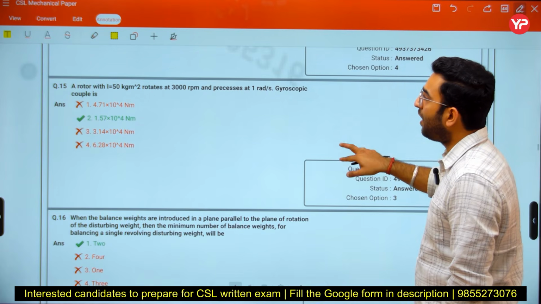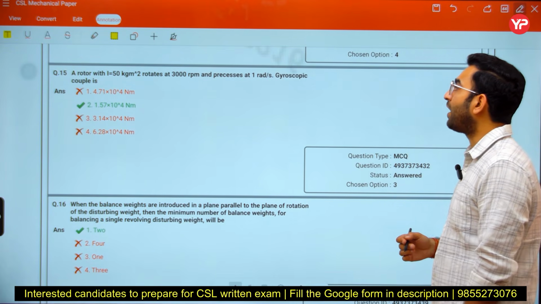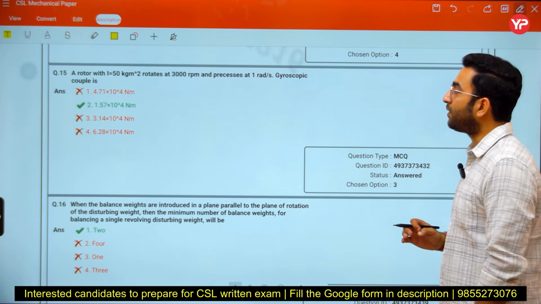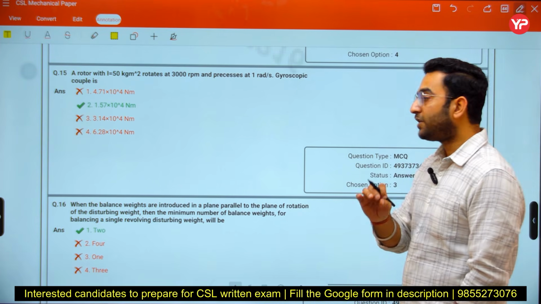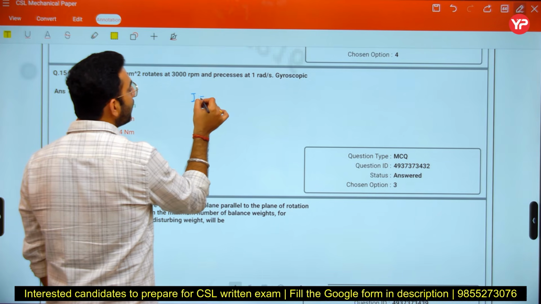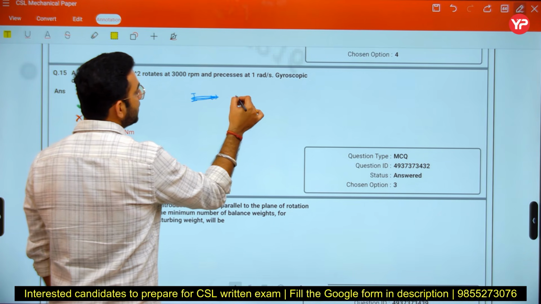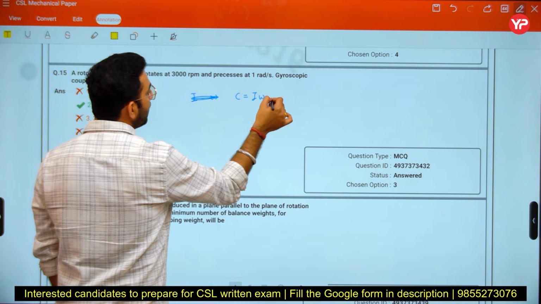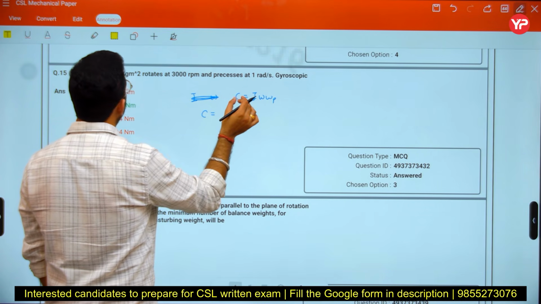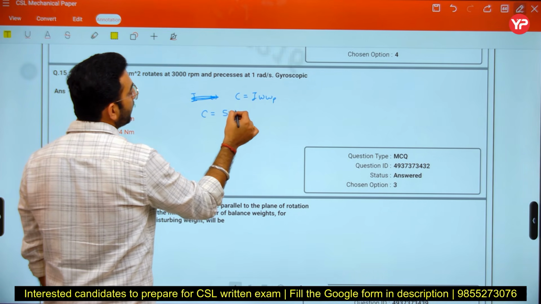Next part. A rotor with I equal to 50 kg meter square rotates at 3000 rpm and precesses at 1 radian per second. Gyroscopic couple is. What is the formula of gyroscopic couple? Gyroscopic couple C is equal to I into omega into P. So here you can see gyroscopic couple C will be equal to 50 kg meter square.